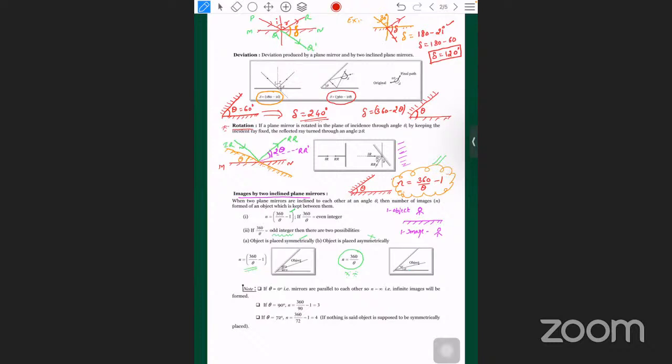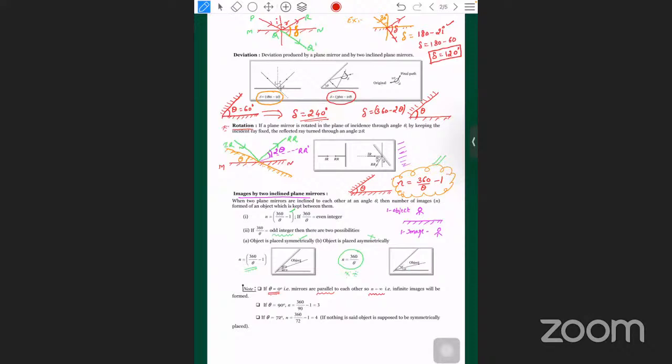Look at these three different cases, students. If the angle theta is 0, I mean the two plane mirrors are parallel to each other, then how many images will be formed?